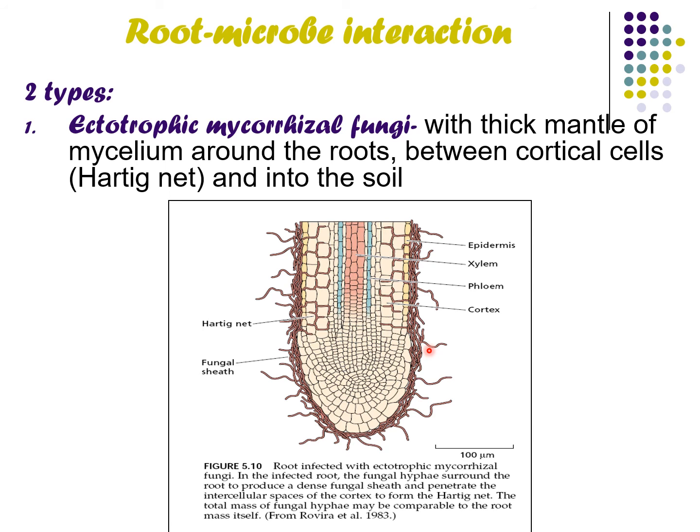The fungus also penetrates the intercellular or apoplastic space of the root cortex, forming an intercellular network called the Hartig net.